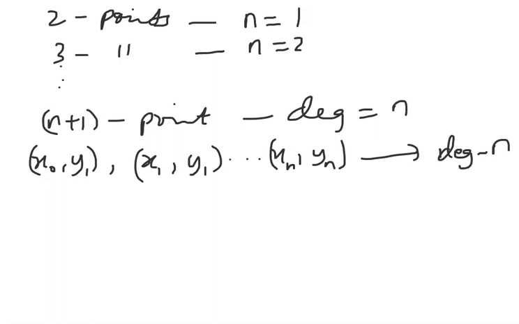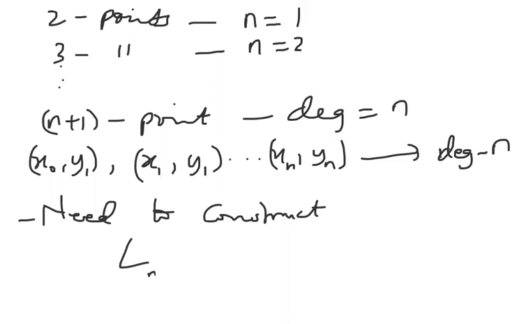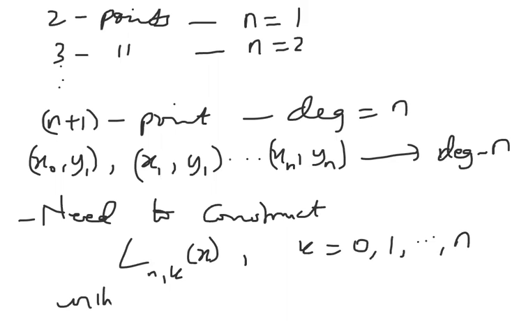Okay. And then when we construct the nth interpolating polynomial, we first need to construct L_nk(x) for these values of k from 0 up to n, and it should have the following property.